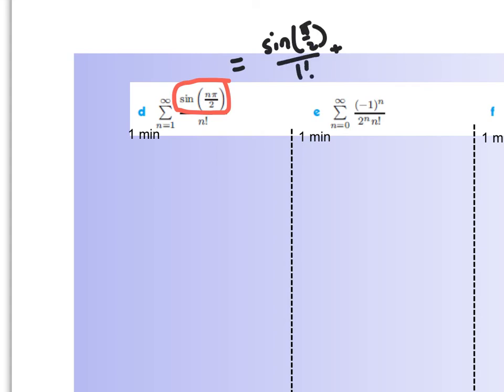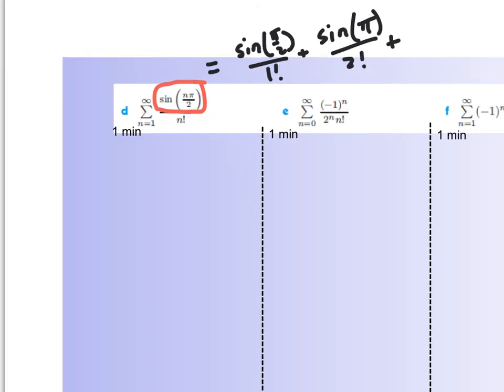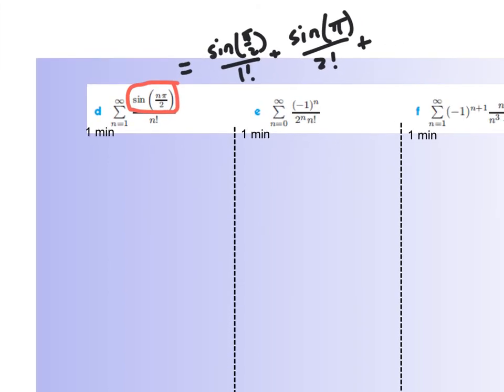The next term would be sine of 2 pi over 2 over 2 factorial. The next term is sine of 3 pi over 2 over 3 factorial. Now, for a moment, you're saying, well, the sine of pi is 0, and you're absolutely right. So this term will cancel, and it'll be gone.